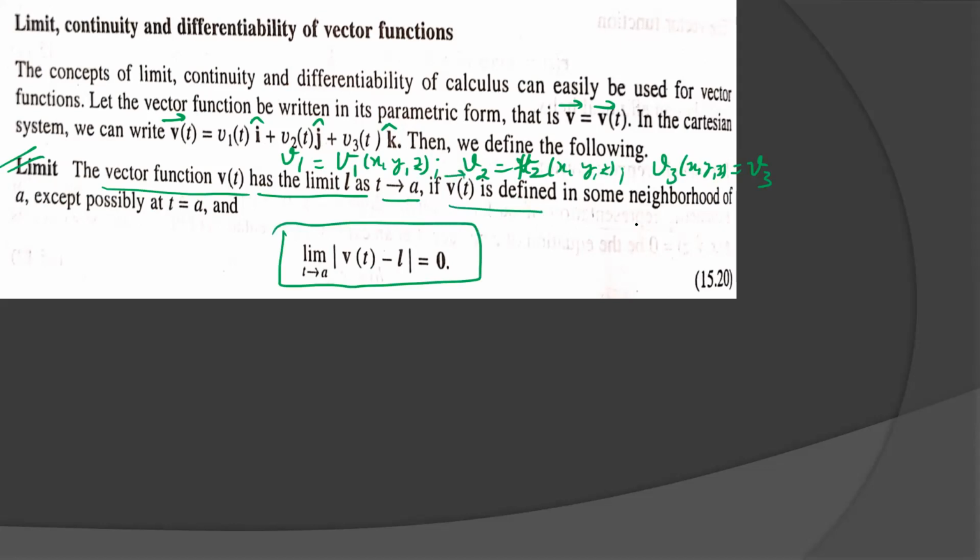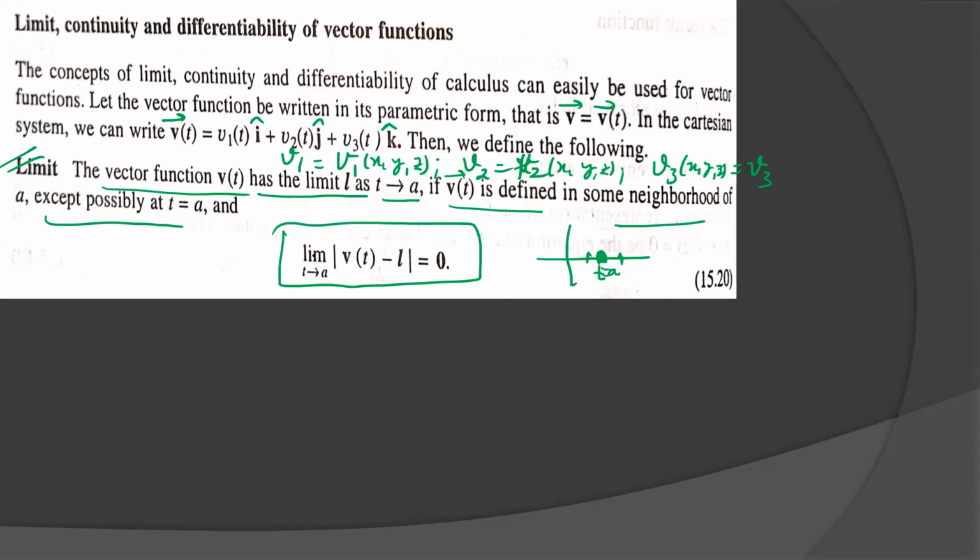V(t) is defined in some neighborhood of a, except possibly at t equal to a. It means the function V(t) is defined in the neighborhood of t equal to a, defined everywhere except at t equal to a.